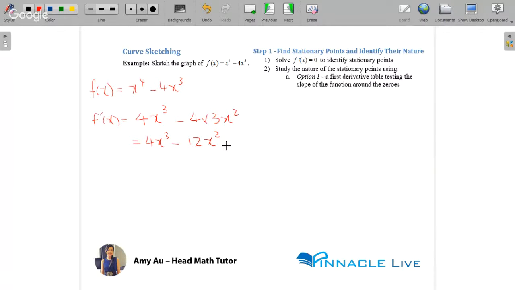Once you've got the first derivative, we then need to solve it to 0. To solve this, I suggest factorizing it. Okay, so we've identified 0 and 3. And for this first question, we're going to go with option 1, as that's what I recommend if you're doing this for curve sketching. So let's build a table.